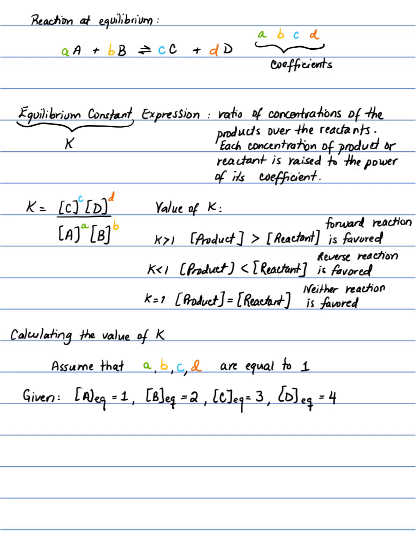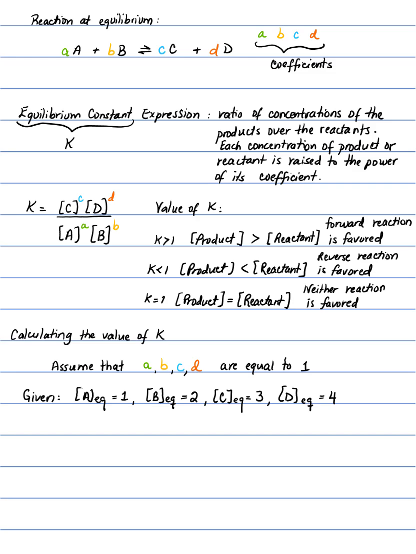Now, when we're writing that equilibrium constant expression, a common mistake is to write down the concentrations and add them with a plus sign, similar to what you see in the chemical equation. The equilibrium constant expression is the multiplication of your concentrations.